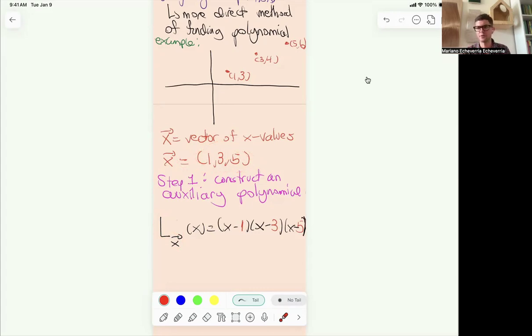If I had given you different x values, this auxiliary polynomial would be different. So it's a way of saying that this polynomial that I'm about to construct will depend on the x values that I gave you.